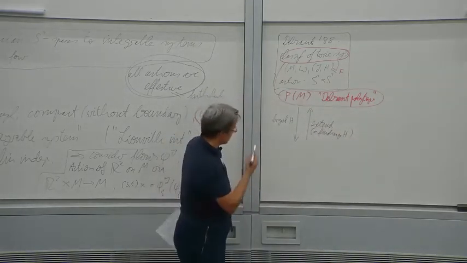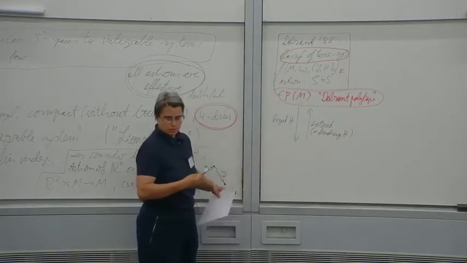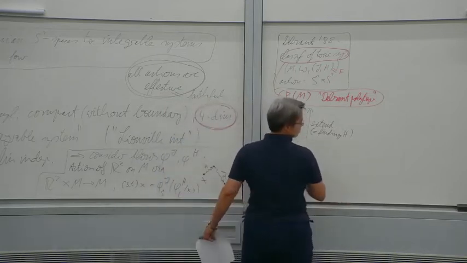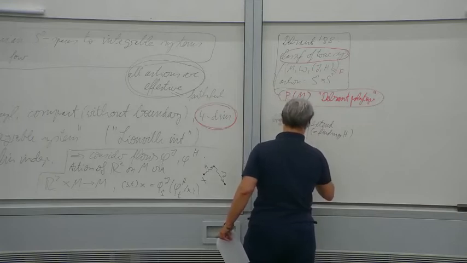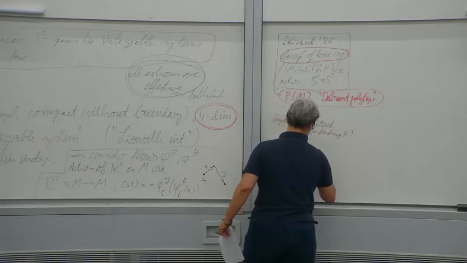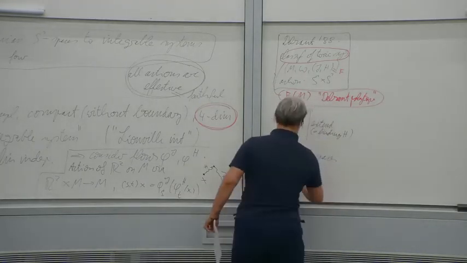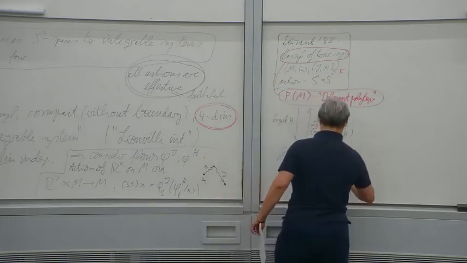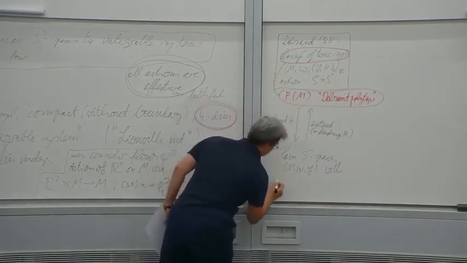And they gave precise conditions, sufficient and necessary, for when this is possible. Namely, let's put here Hamiltonian S1 spaces (M, ω, J).